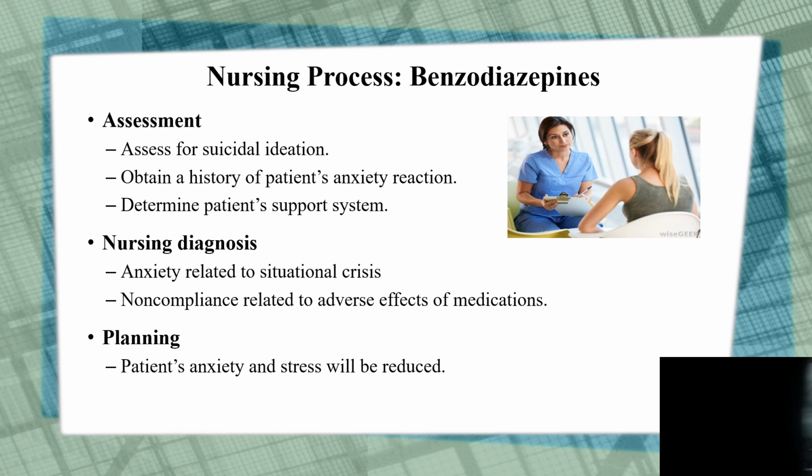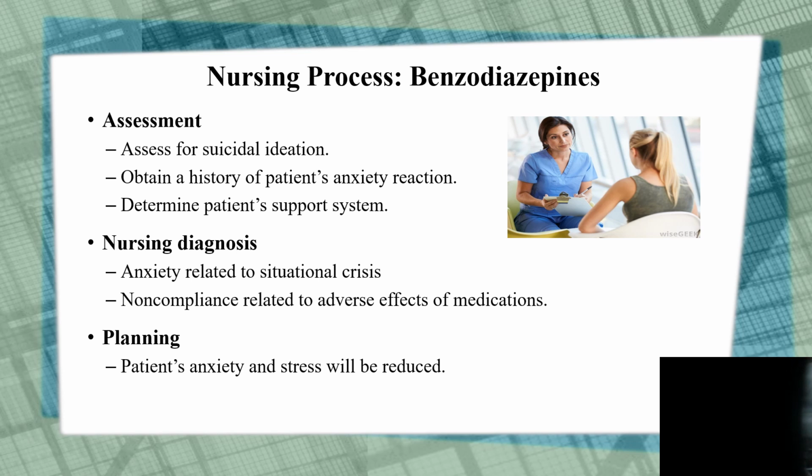So you want to do your assessment. You assess for any suicidal ideas. Obtain a history of the patient's anxiety reaction. How do they react when they're anxious? Determine the patient's support system. Nursing diagnosis: anxiety related to situational crisis, and non-compliance related to adverse effects of medication.